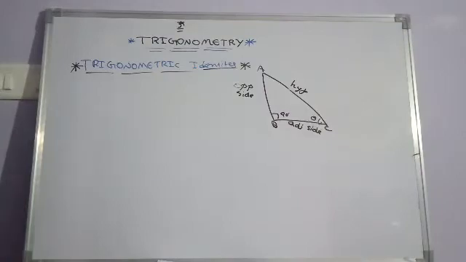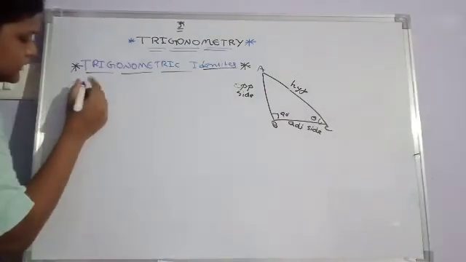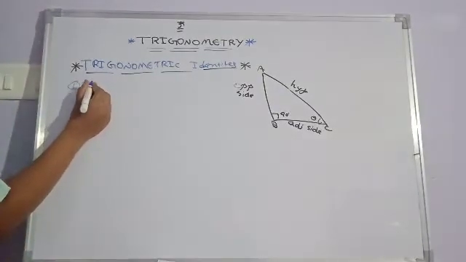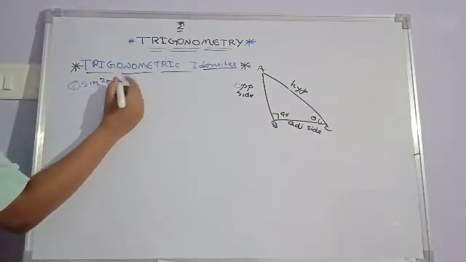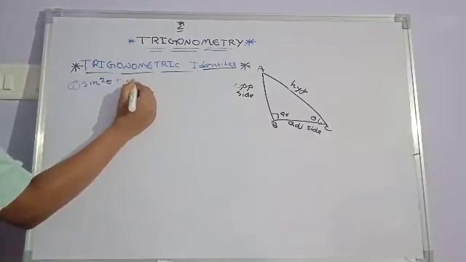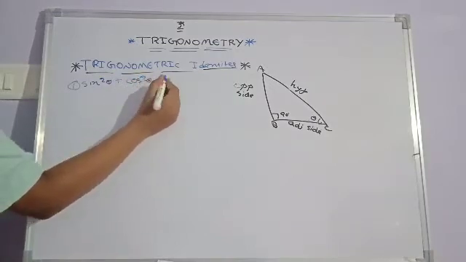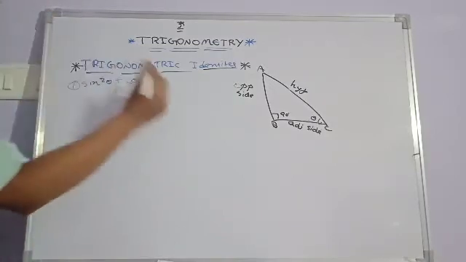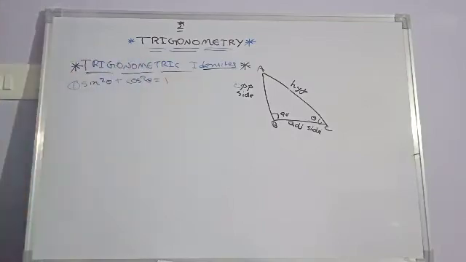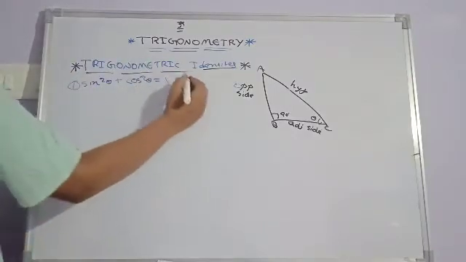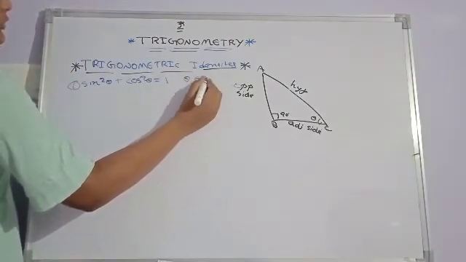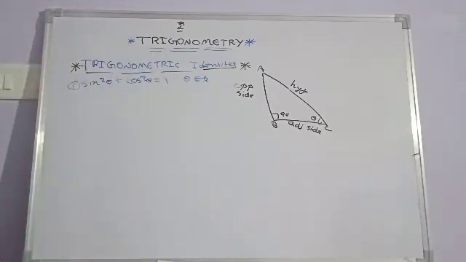The first one is first identity. Sin square theta plus cos square theta is equals to 1, where theta belongs to real numbers.